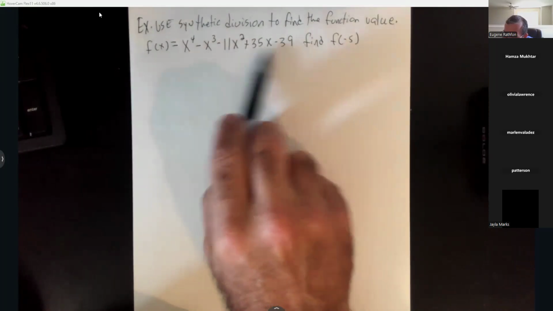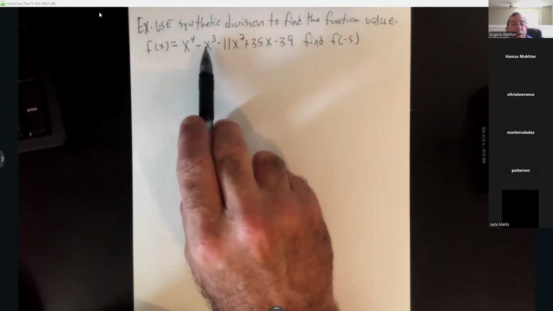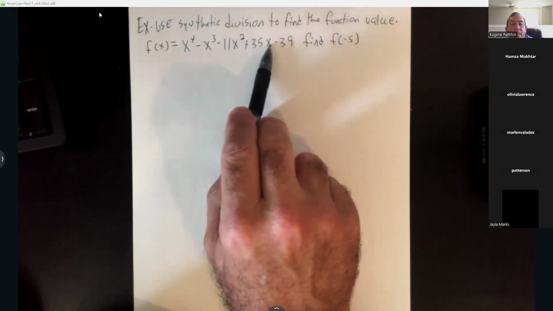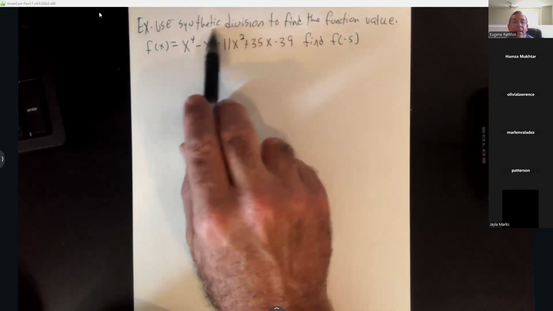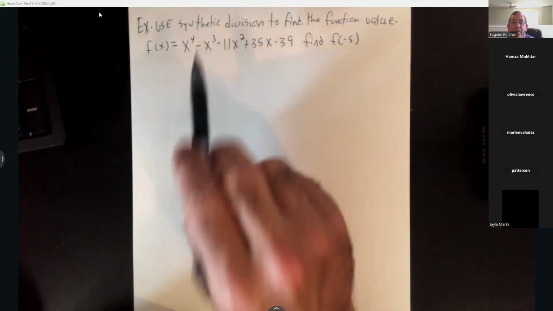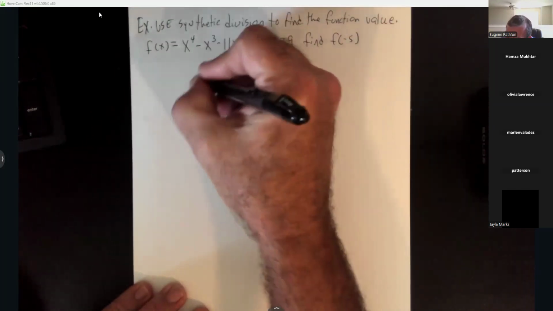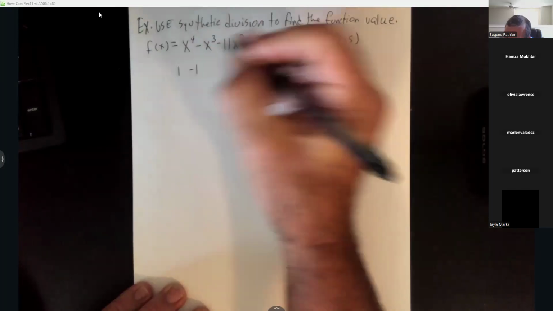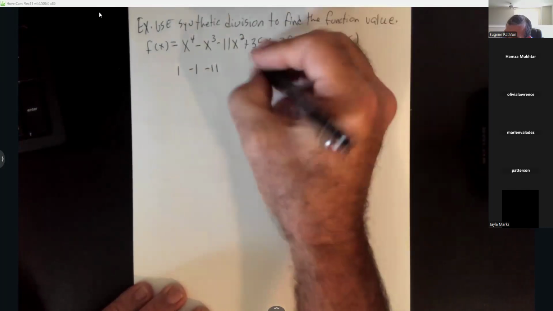All right, so first I always check and see if I got all my terms. I got an x to the fourth, I got the x cubed, I got the x squared, I got the x term, and I got the constant term. So I'm not missing any terms. So I'm going to write out all my coefficients. I got a 1. I got a negative 1 for the x cubed. I got negative 11 for the x squared.